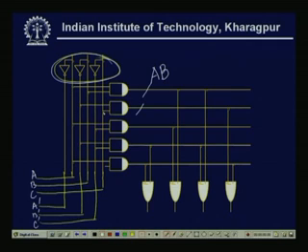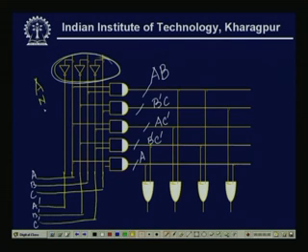This is C and this is B bar, so this is B bar C. This output is C bar and A, so this is my AC bar. This one is B bar and C bar, so this output is B bar C bar. This output is simple, actually only one input, so this is A. So, this is my AND plane.